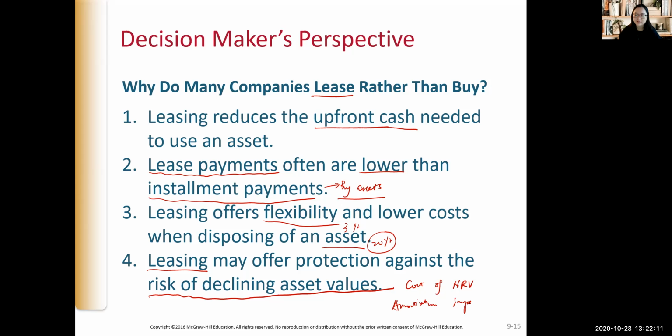So all these things you need to consider as an asset. Okay, so this is the fundamental reason behind the lease decision, which is easy upfront, and also much cheaper to get access to the usage rights of the assets. At the same time, it's much more flexible and it protects against declining value.